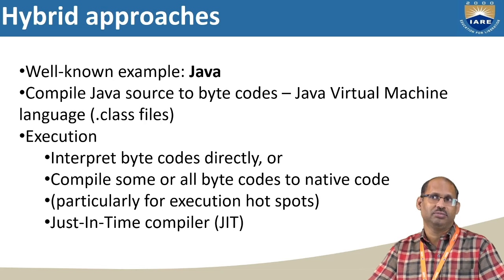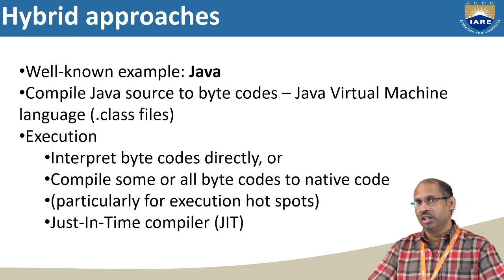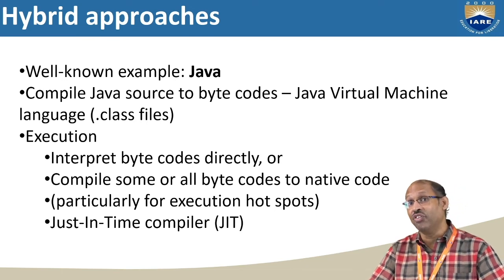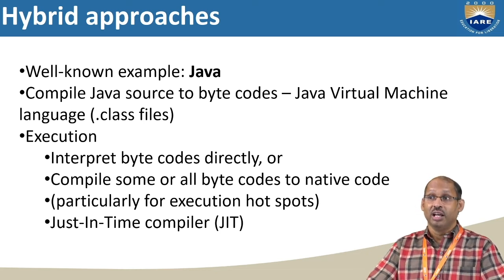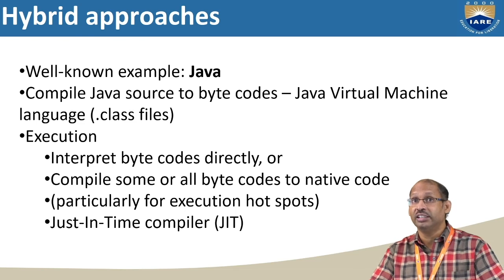Here, hybrid approaches. Java is a language which uses the compiler and interpreter. Here, it uses the advantages of the compiler and also the advantages of the interpreters. The execution will be fast when you compile. But what is the motto of Java?